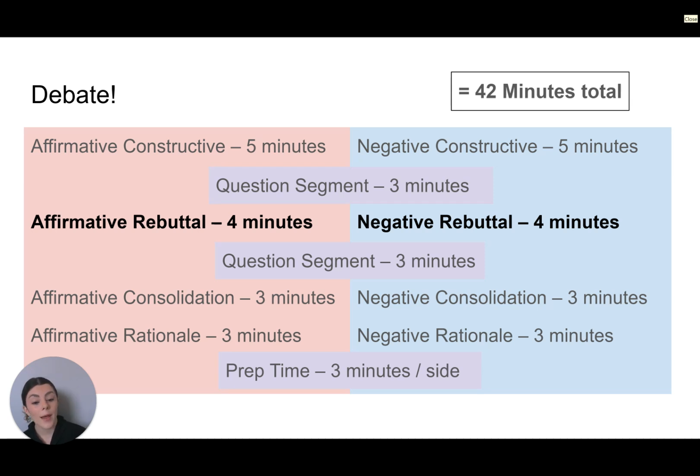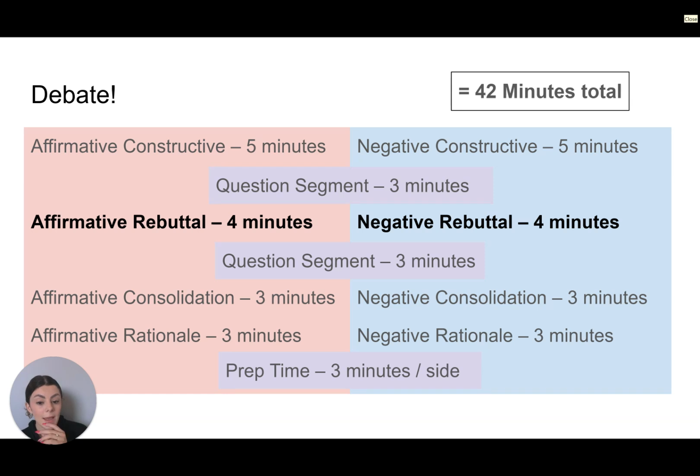The negative rebuttal, however, has an advantage or disadvantage, depends on how you look at it. When they come up to do their rebuttal, they've already heard the affirmative's rebuttal against their case. So they have two jobs. They have to rebut the affirmative's constructive speech, and if time allows, they also have to defend against the affirmative's rebuttals of their speech.